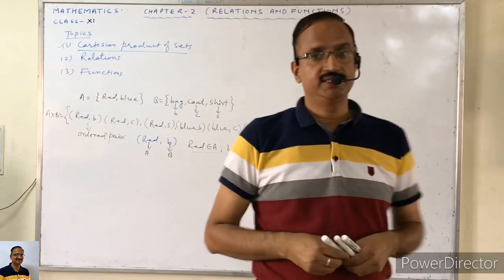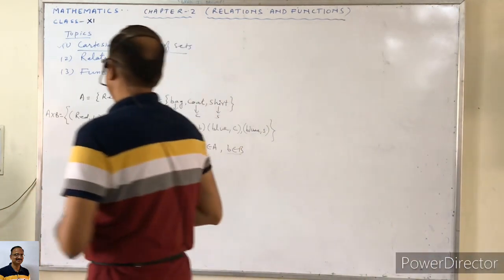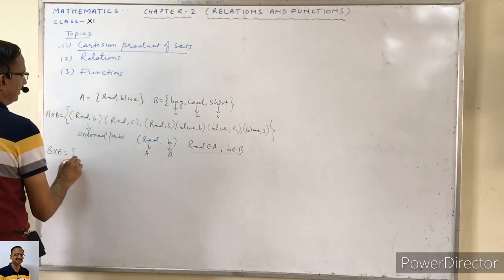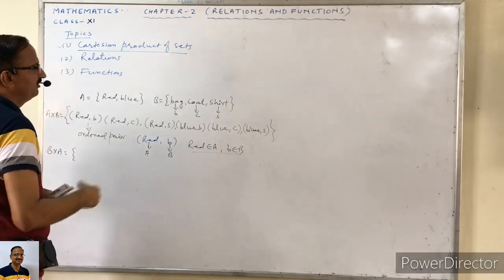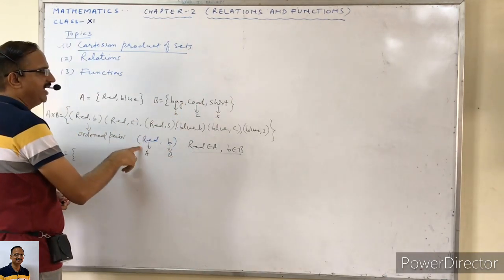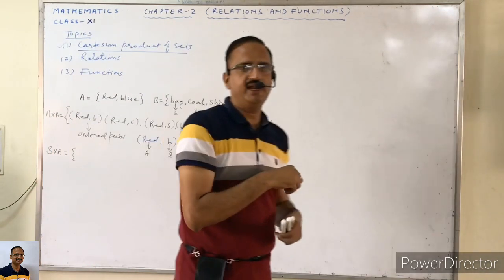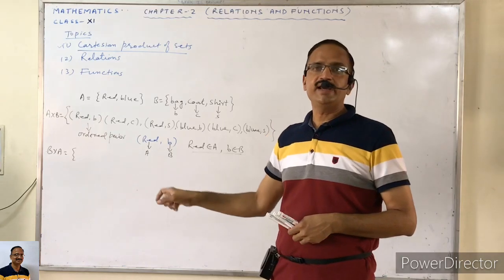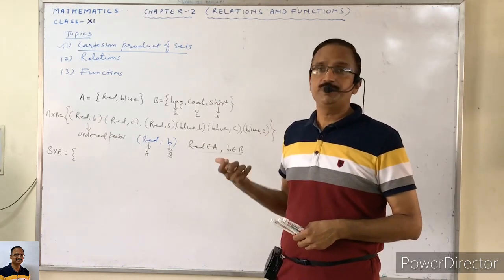If we write B cross A, then what happens? We will write the elements of B as the first element and the elements of A as the second element in each pair.